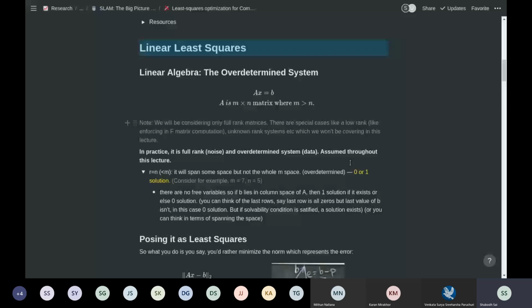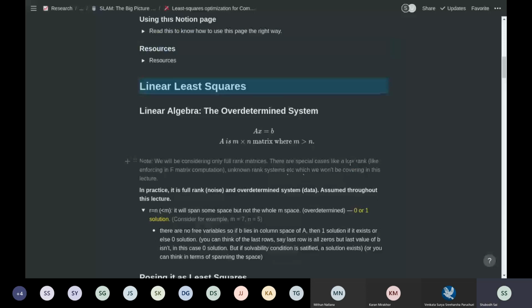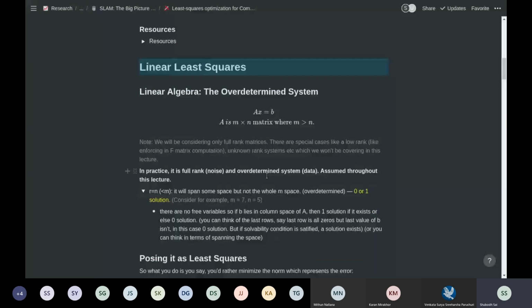I was saying, initially we were looking at the linear equation Ax is equal to b, and in almost all practical scenarios, it would be a full rank matrix and an overdetermined system. In those situations, we want to know how we can find the solution x.